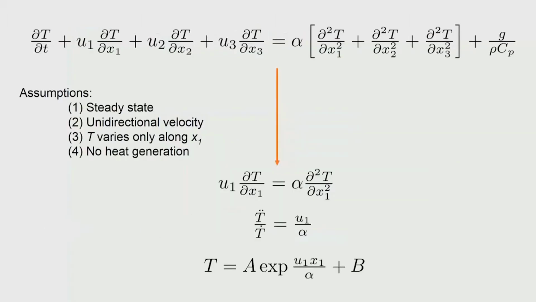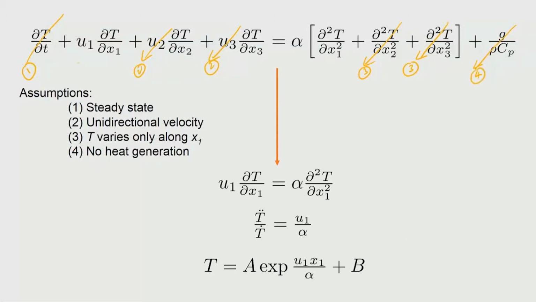The way we solve is as follows. We again write the governing equation and see what turns out. We see that steady state is to be assumed, and then the unidirectional velocity is along the x1 direction. So, u2 is not there, u3 is not there, and T is varying only along the x1 direction, which means that along the x2 and x3 directions it is not varying, and of course, these terms are anyway 0, and then there is no heat generation. It is an approximation. We do not want to look at the viscous dissipation at this moment.